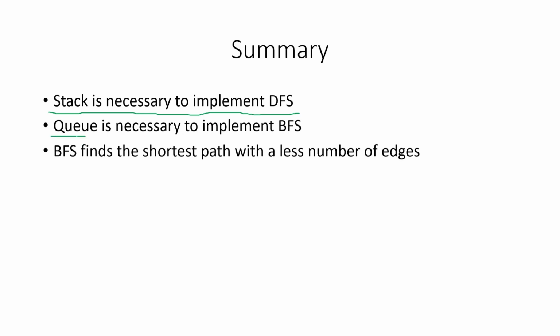A queue is necessary to implement BFS because the principle of the queue is first in, first out, and we put all the nodes into the queue and explore all the adjacent elements one by one. And BFS finds the shortest path with the fewest edges. So this is the main idea. This is the biggest advantage of BFS compared with DFS.